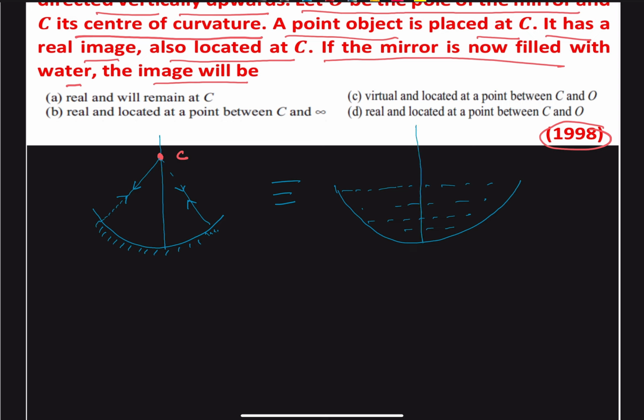So the object is still at C, and now the incoming and outgoing rays, incident or reflected, will be traveling in a different way. This is our incident ray. It will be bending towards the normal, something like this, and then it will be reflected. It will be bending away from the normal, and somewhere here it is going to meet. And the same process will happen from the other side also.